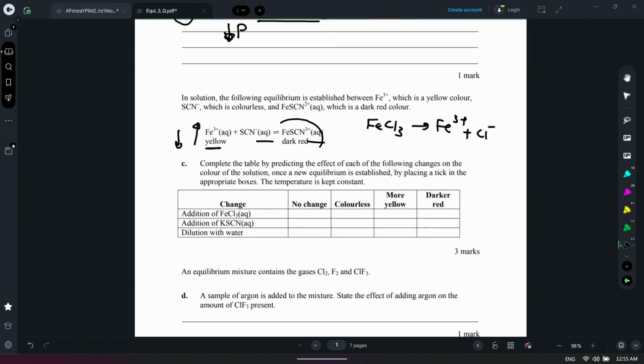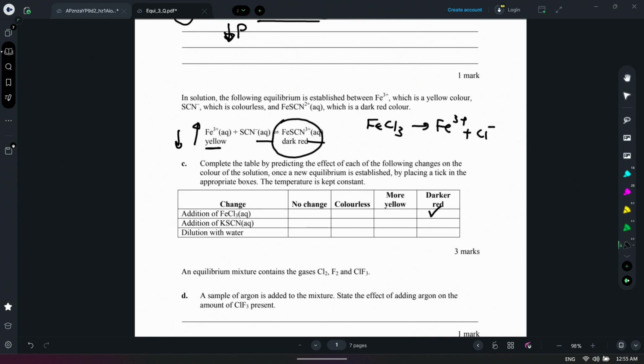However, since you are favoring the forward reaction, you are increasing the concentration of FeSCN2+. So what will happen when you increase the concentration of FeSCN2+? As you can see, it is going to become darker red.